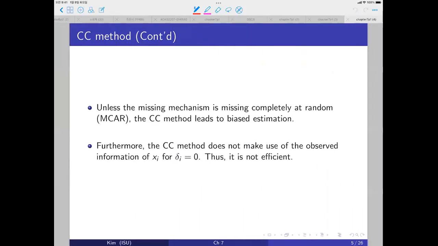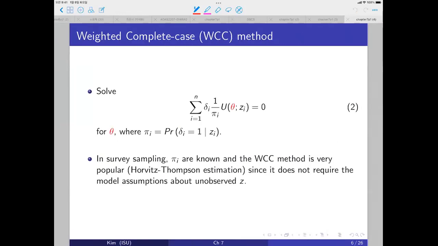And the CC method does not make use of the observed information, so this is not efficient. We are basically throwing away partial observations, so that's not really good. We want to do something better.